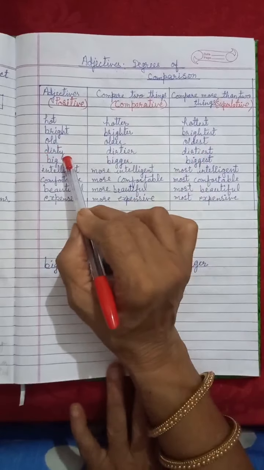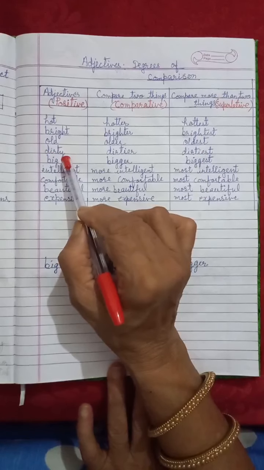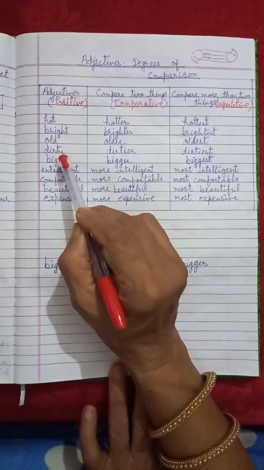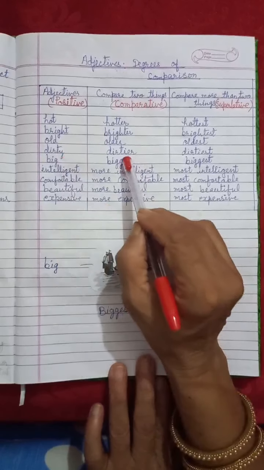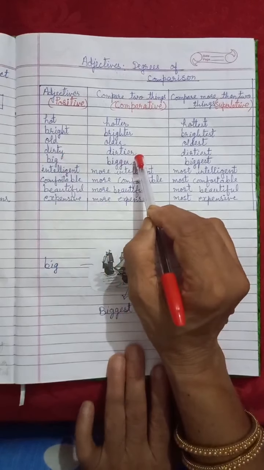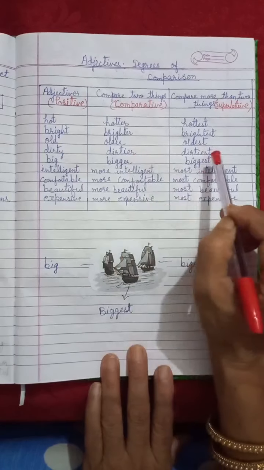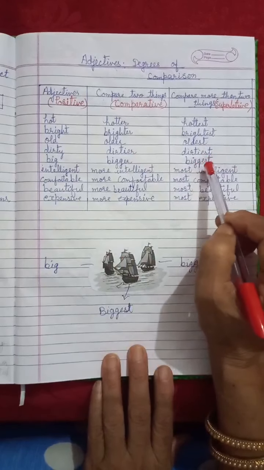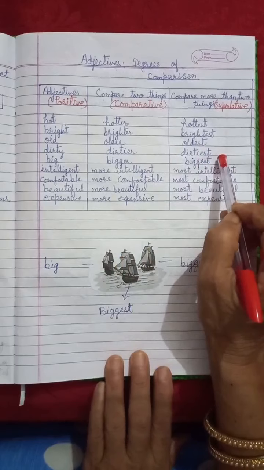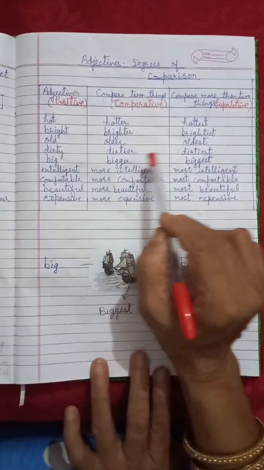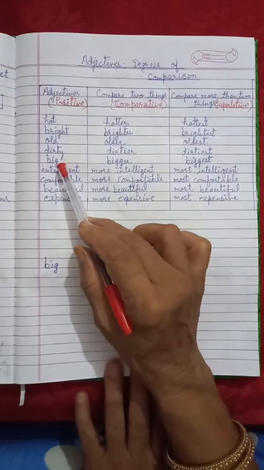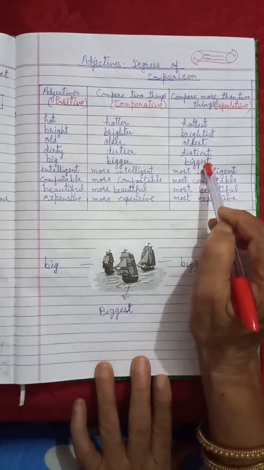So students, when the word ends with y, we remove the y, and in place of y we use IER to form comparative, and to form superlative we use IEST. So in this way, dirty, dirtier, dirtiest. Big, bigger, biggest.